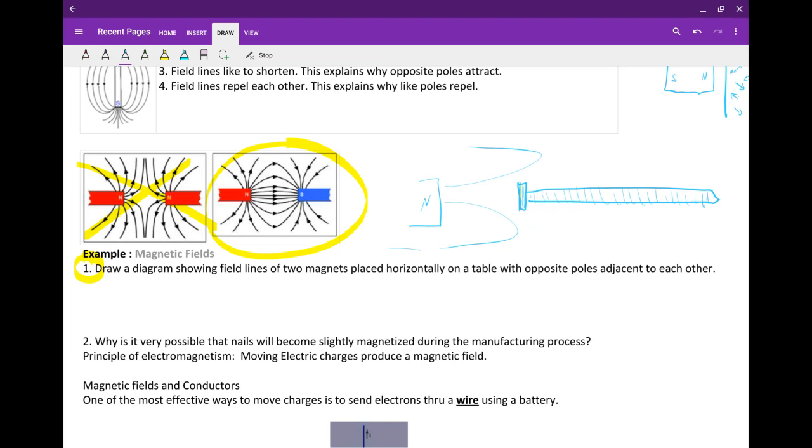If the nail happens to be orientated such that when you manufacture the nails, it's found within a magnetic field, then it will take on the characteristics of that magnetic field. Okay, and so, for example, if that's the case, then this would be a south and that would be a north pole.